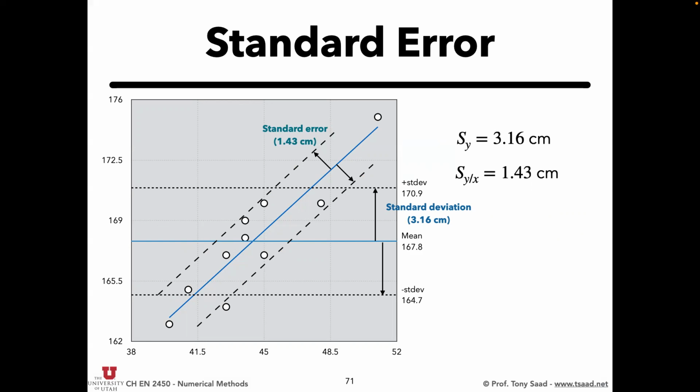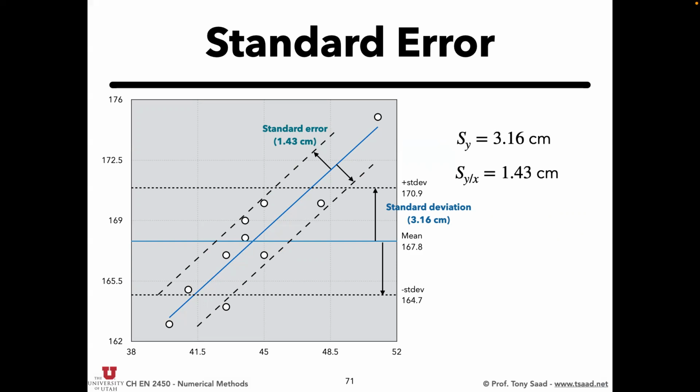If you were taking the mean value as your model, your error committed was the standard deviation, which was 3.16 centimeters. However, by using the straight line regression, you reduce that error to 1.43. You change your standard deviation because you change your model.